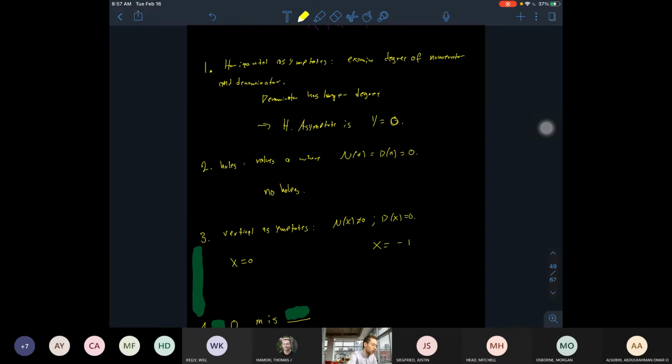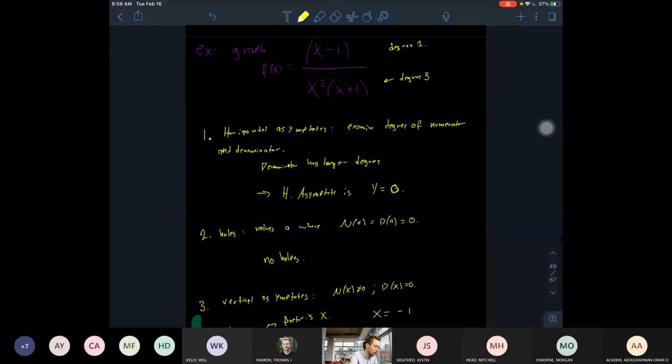So first of all, the corresponding factor for x equals 0 being a 0 is just x, right? And as we can see here, in the denominator of our function, we factored out x squared. So what is the multiplicity of this 0?